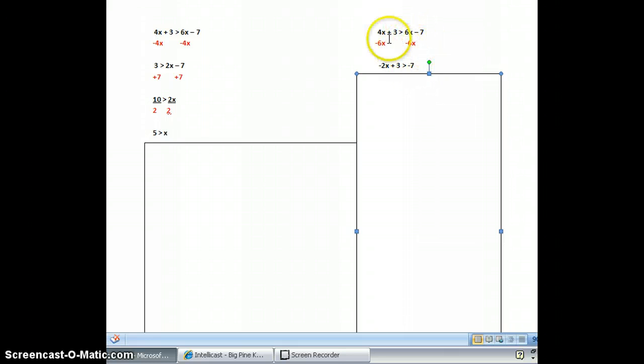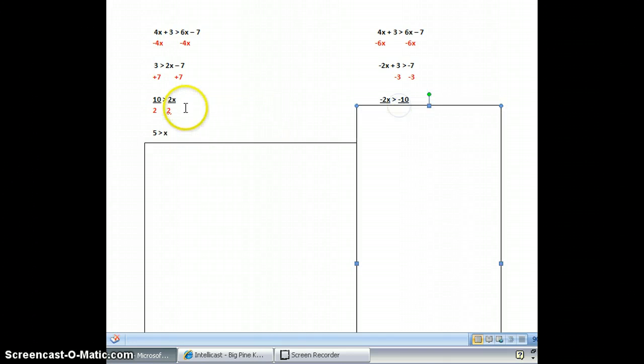My 6x's are gone, and my x over here becomes a negative 2x. Now, I need to get rid of the plus 3, so I'm naturally going to subtract 3 from both sides. The 3's cancel out on the left. On the right side, I end up with negative 10. So my equation is negative 2x is greater than negative 10.